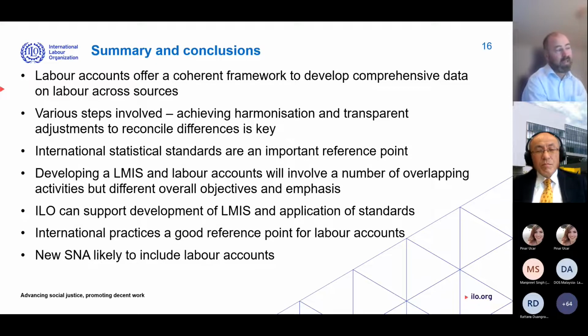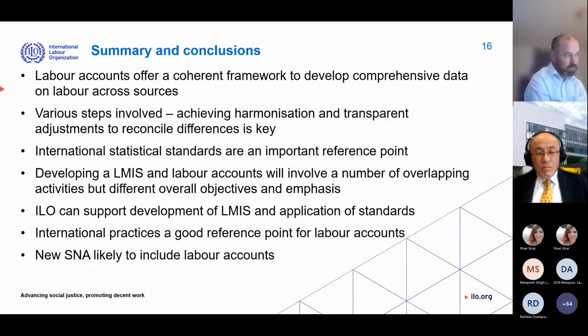Developing an LMIS and labor accounts will involve a number of overlapping activities, but ultimately they have different overall objectives and emphasis. But it's possible to do both, and there will be a lot of overlapping work if you do.